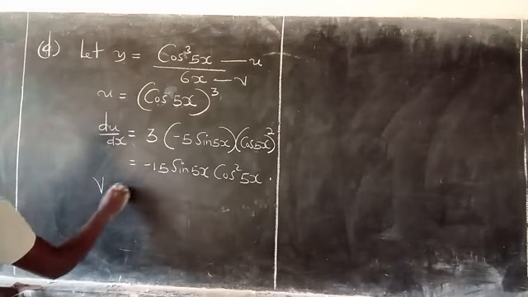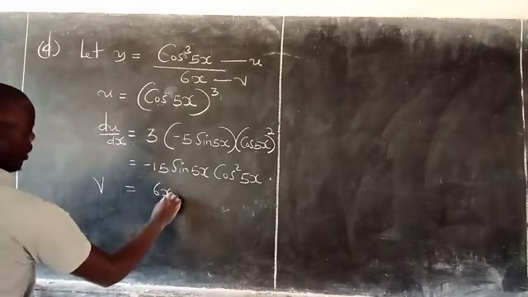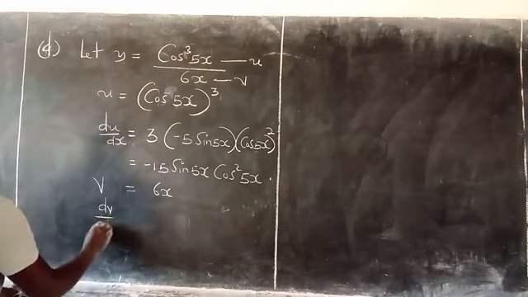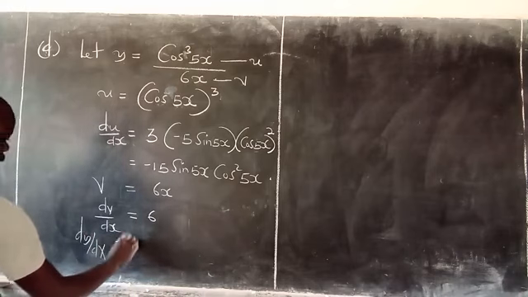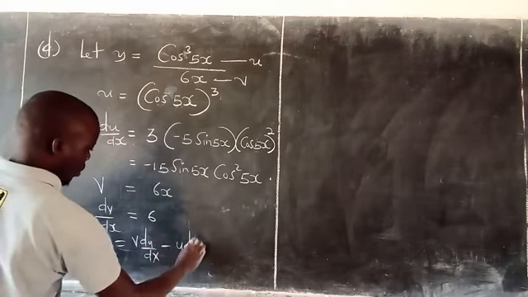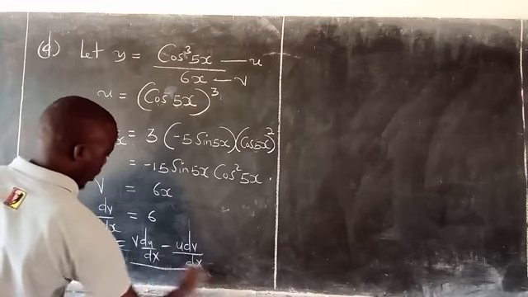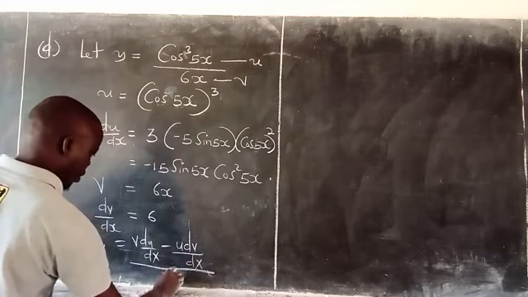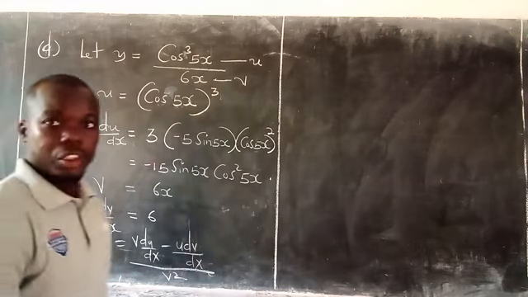Then our v is supposed to be 6x. Automatically dv dx becomes 6. Then we bring in the formula: dy dx is equal to v du dx minus u dv dx, but remember, all out of v squared.